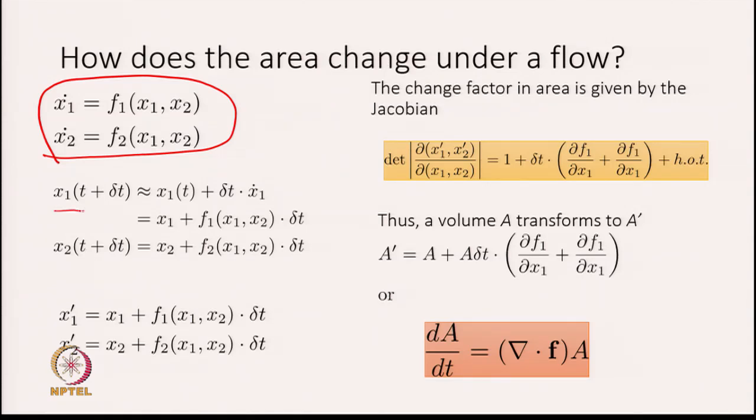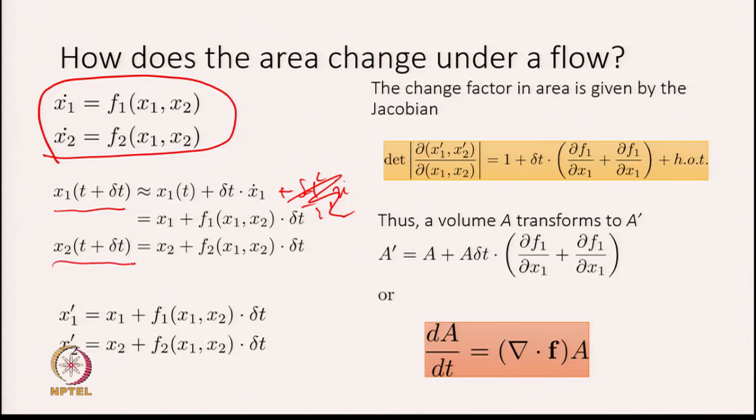At a later time x1 at time t plus delta t, this is just going to be approximately, to leading order, because I am not going to take all the terms in the expansion. It is x1 plus delta t times x1 dot, plus of course you would have delta t squared by 2 factorial x double dot and so on and so forth. You would have all those other terms, but I am not considering any of those. And let me just take this to be the simplest one, the first term over here.